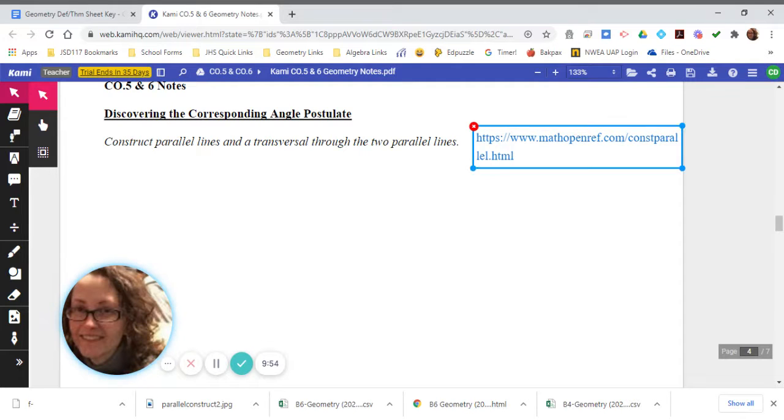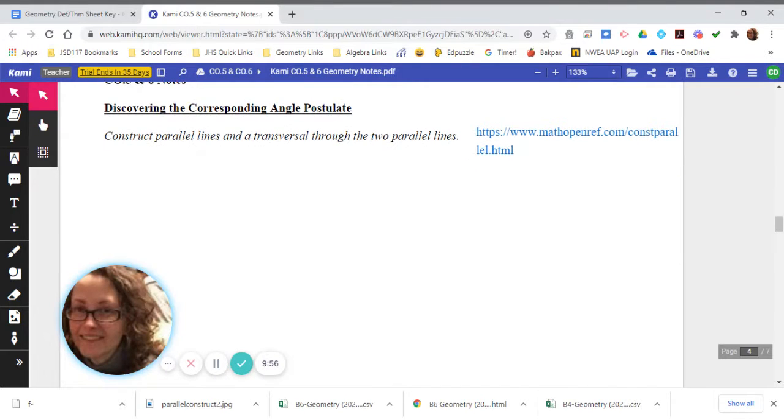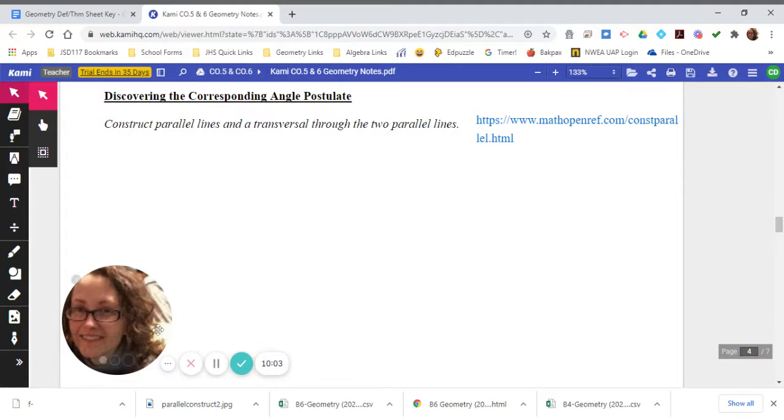So that's there, and that will be posted in the description along with the definition and theorem key as well. So I'm going to go ahead and give you guys a second. You should pause the video and create those parallel lines using your compass and your straight edge.